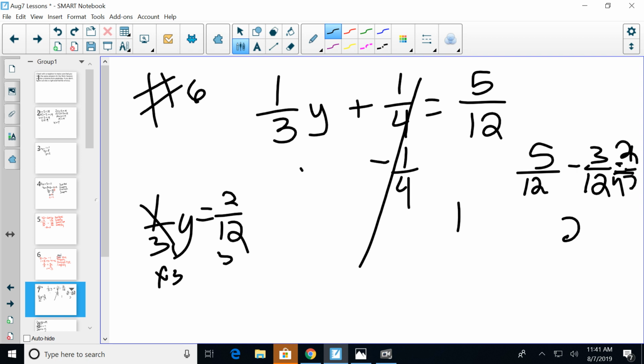No, reciprocal, that's what I mean. I know what you meant, but at least you had the right word. 3 over 1. I was gonna say reciprocal. Oh, 2. No. What? You said 2 times 3. 2 times 3. 6. Yes.